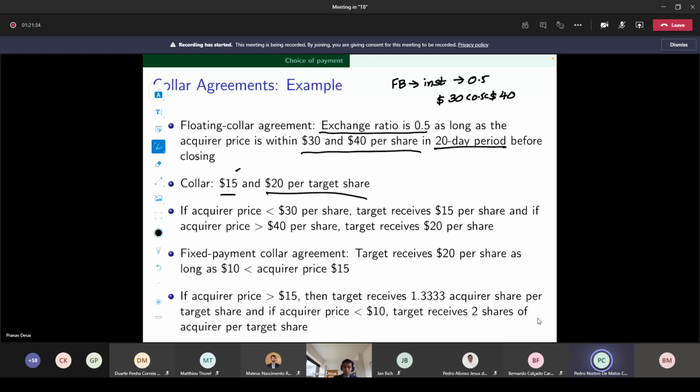Exactly. So this is just 0.5 times 30, or the exchange ratio, and this is once again 0.5 times 40 in the 20-day period before closing. Now, let's put this down a bit like this. 40, or in terms of the target, it's 20, and here's 0.5, and then here it's 30, and in terms of the target, it's 15.